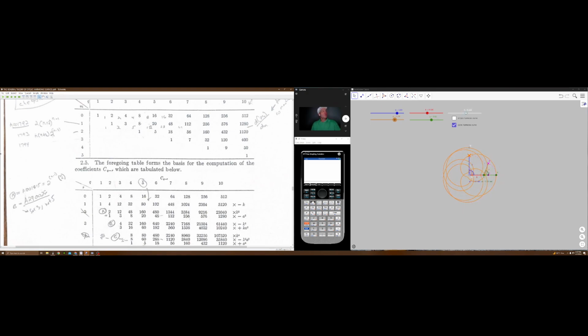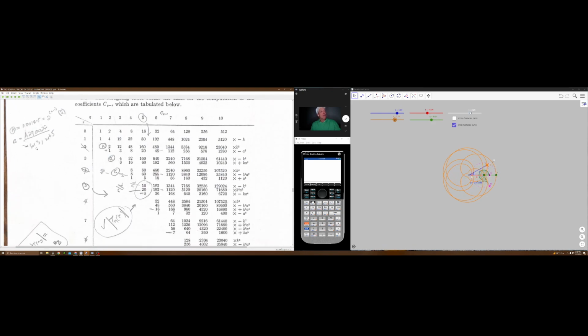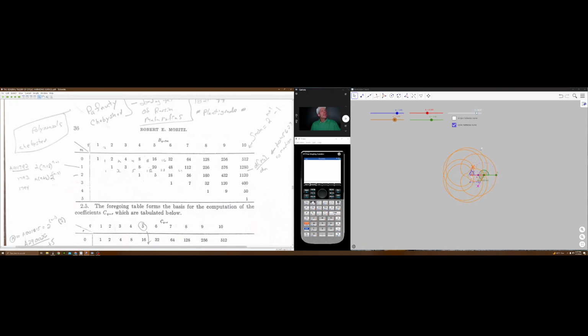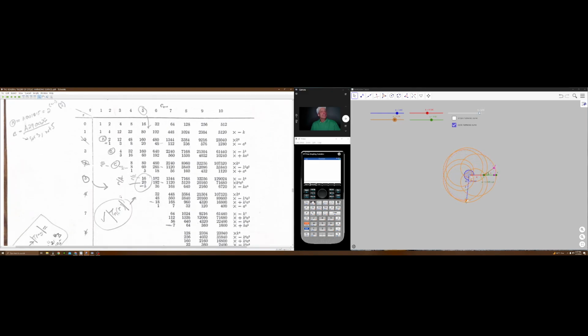So, yep, that is this chain. Moving down here, it's already understood. Each one of these cells can be found here.